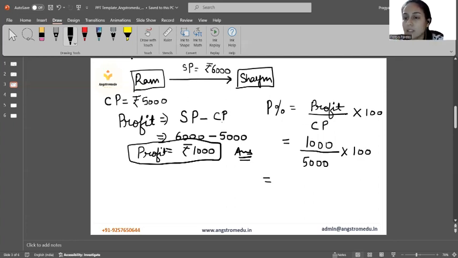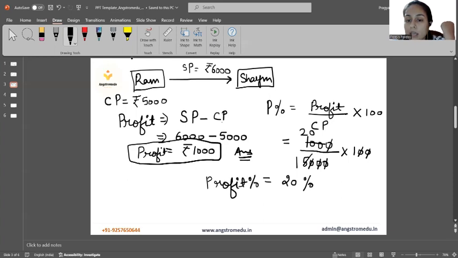Okay. Now let's just solve these things very quickly. If I cut 0 from 0, 0, 0, and this 0 by this 0. All right. Now 5 ones are 5, 5 twos are 10 and 0 will remain here. So we can say that profit percent is 20.